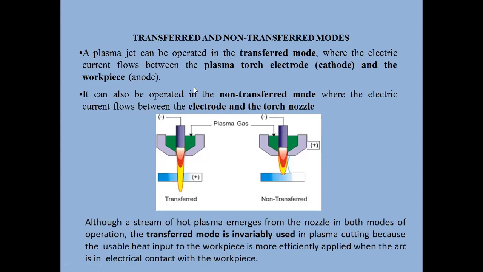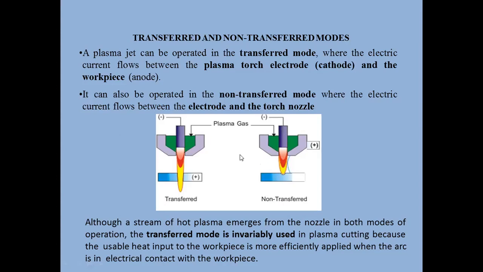And the second one, it can also be operated in non-transfer mode, where the electric current flows between the electrode and the nozzle. Here the nozzle is given positive and the electrode is negative. So in both cases, only the anode which we are considering for that circuit for transferring the arc is changed, right?